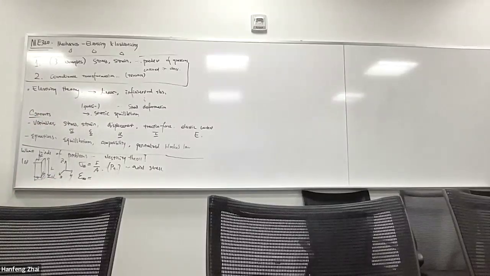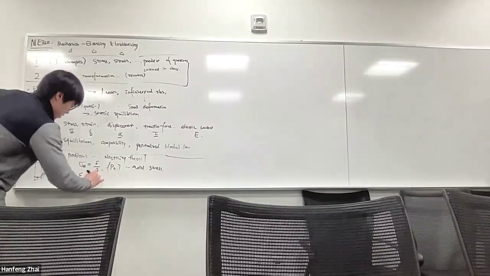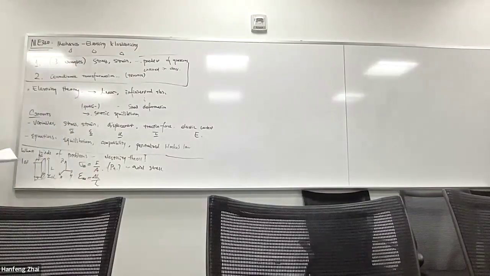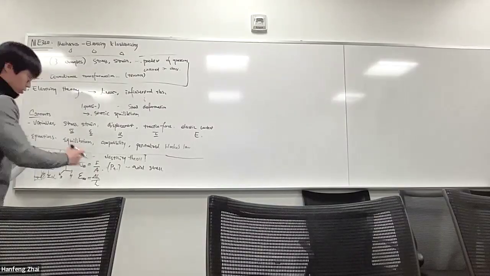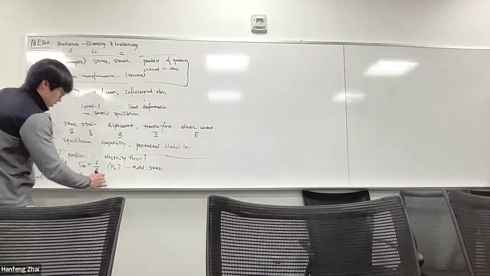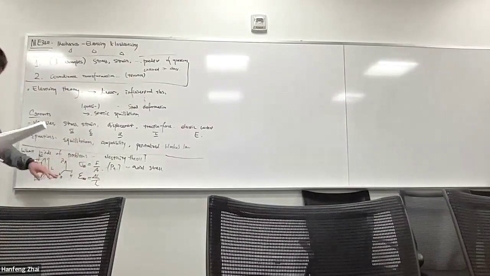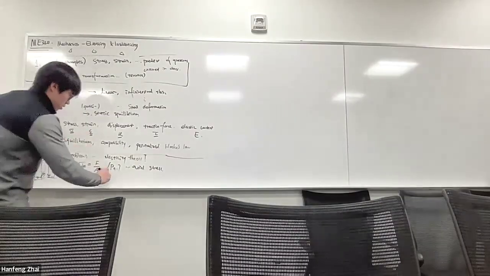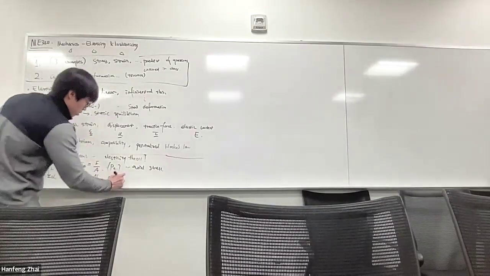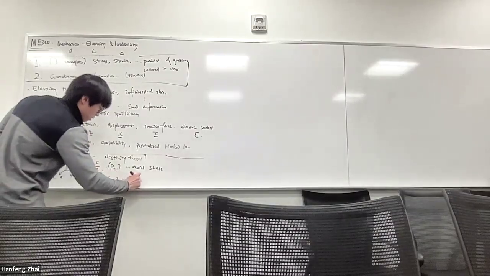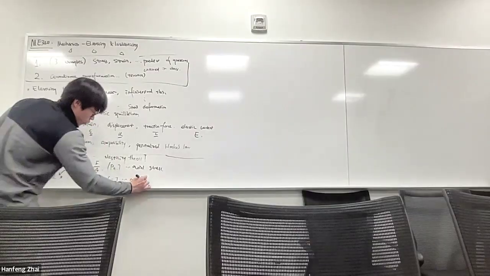Axial strain here is the change of length delta L over L. And what's the unit of axial strain? If you use SI units, it's meter over meter, which is unitless. So this is axial strain.